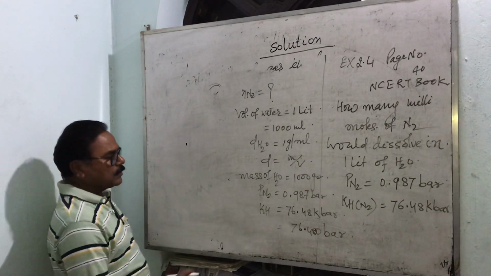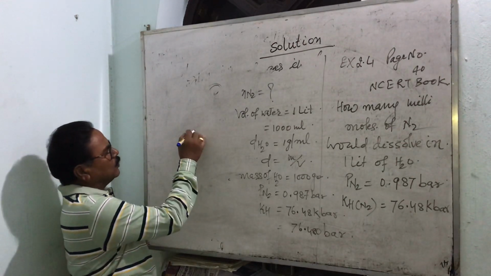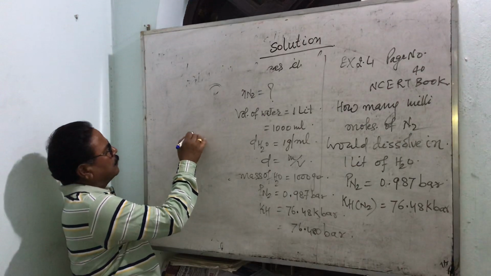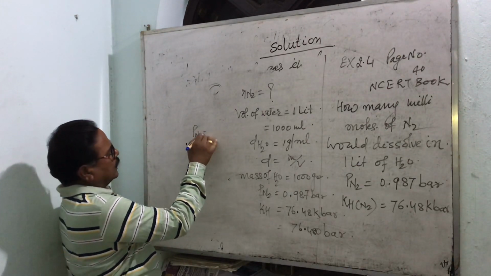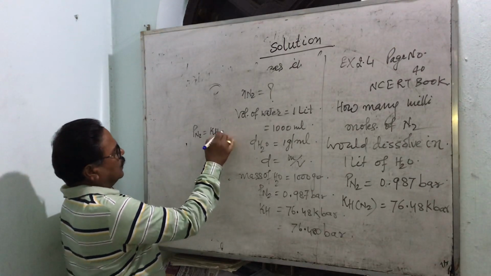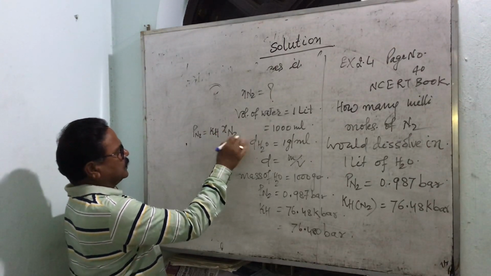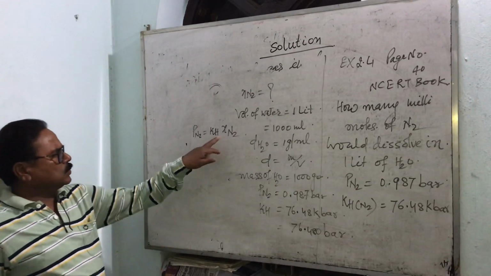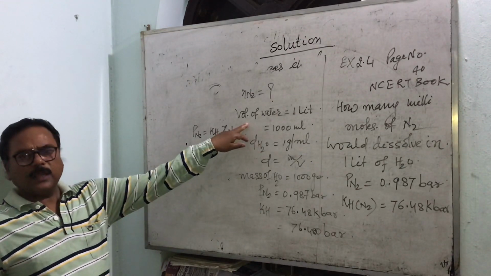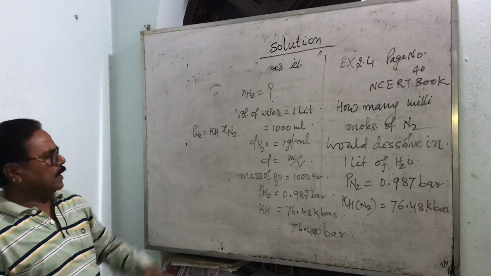Now what is the formula we write? PN2 is directly proportional to KH into XN2. The partial pressure of a gas is directly proportional to the mole fraction as per Henry's law, and here KH is the Henry constant.